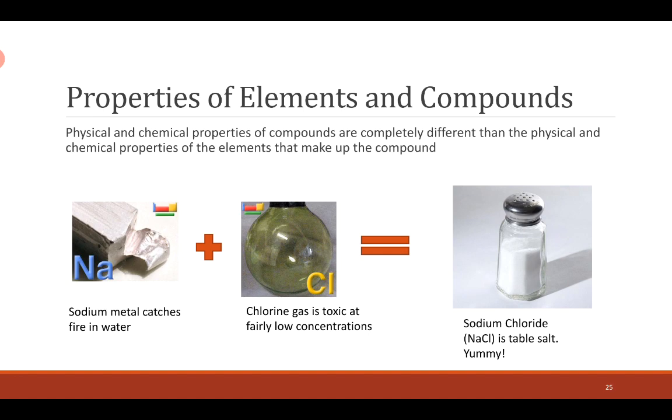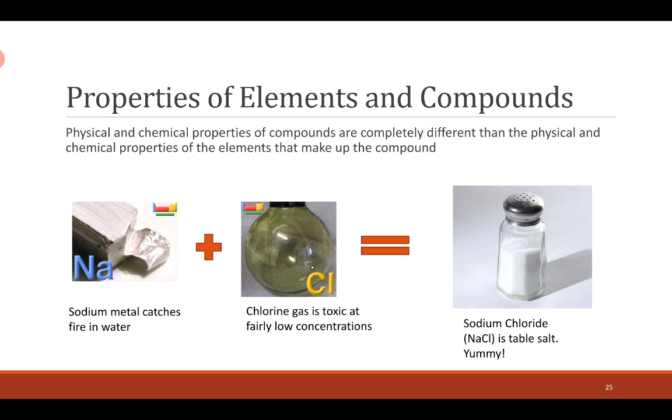What's important to recognize is that the physical and chemical properties of the pure elements that make up a compound are completely different and completely unrelated to the physical and chemical properties that make up the compound. Pure elemental sodium, for instance, is a metal that catches on fire when we put this into water.